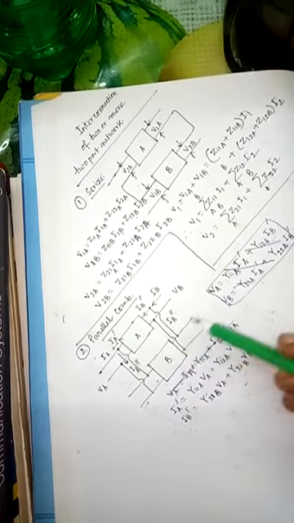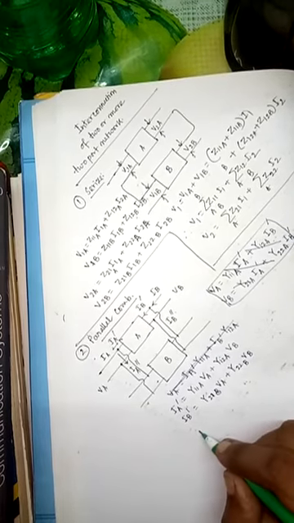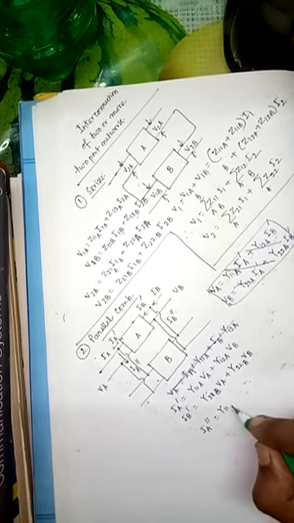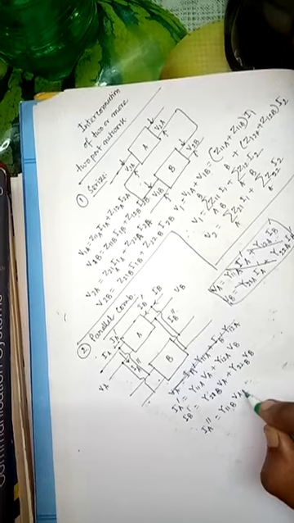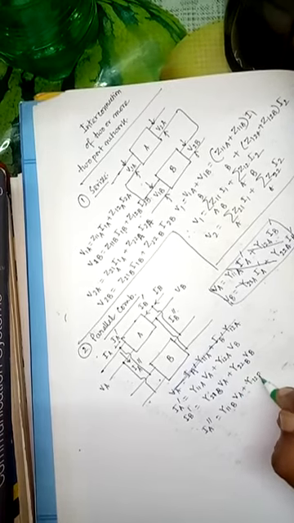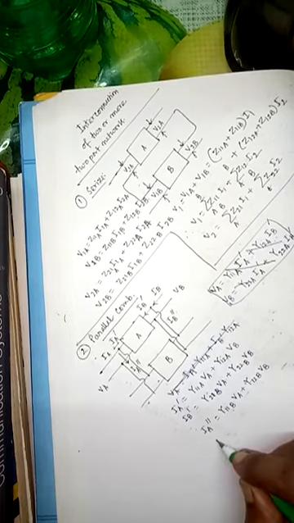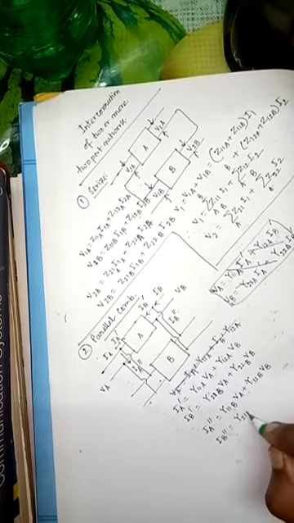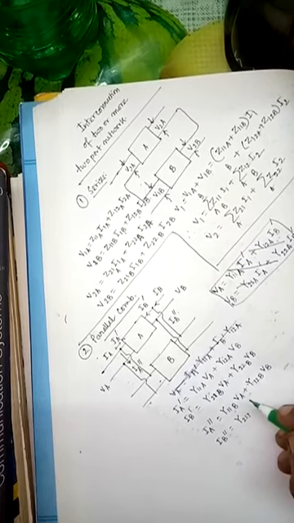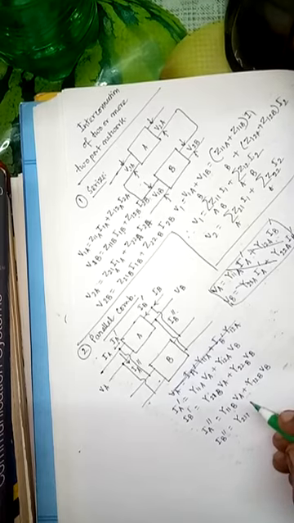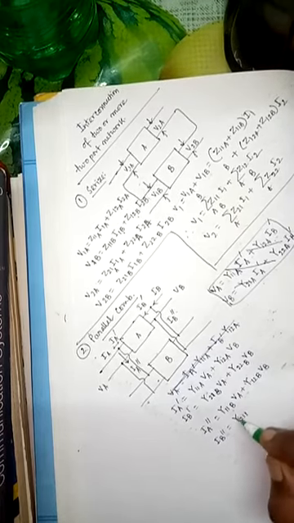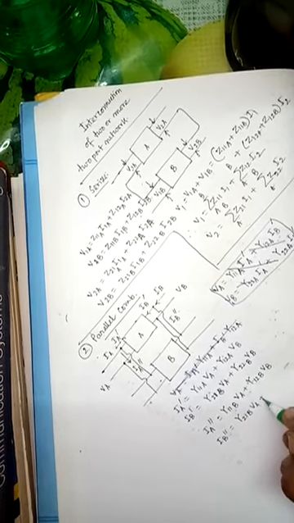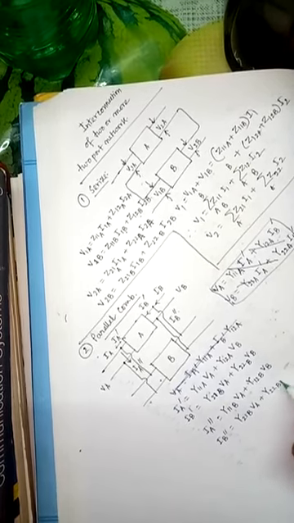So in terms of B network we can write this equation. Again that is IA double dashed equals Y11B VA plus Y12B VB, and IB double dashed equals Y21, that is B network, so Y21B VA plus Y22B VB.